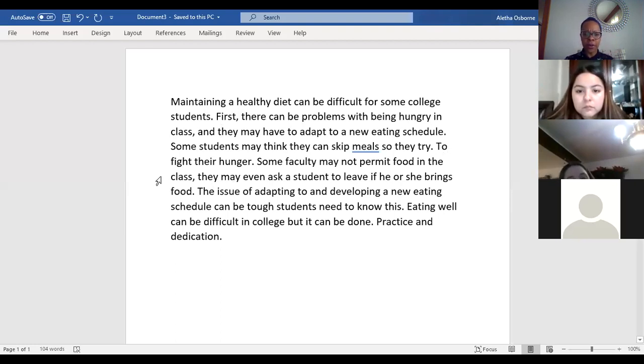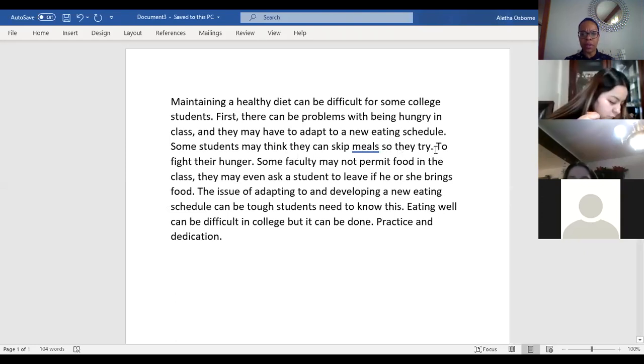Look at the next one. To fight their hunger. Well, this is clearly a fragment. Very seldom does a sentence begin with an infinitive, to fight, right? We don't normally start sentences with "to." So we know this is incomplete in some way. So how about if we take this fragment here, and just like we did up here, we connect it to the other sentence, where it says, some students may think they can skip meals, so they try.